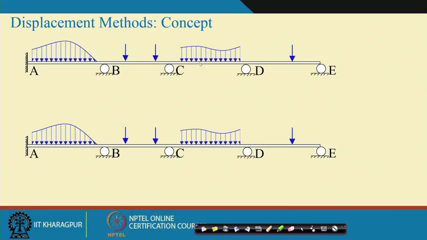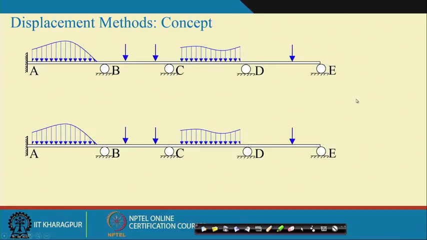All the steps that we have in the force method, we have similar steps in the displacement method as well, but the steps are different because the displacements are taken as primary unknown, whereas in the force method the forces are taken as redundant. Now, let us try to understand this with the same example.